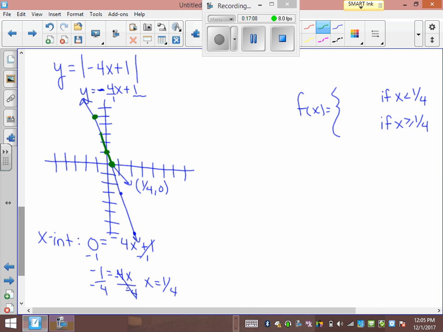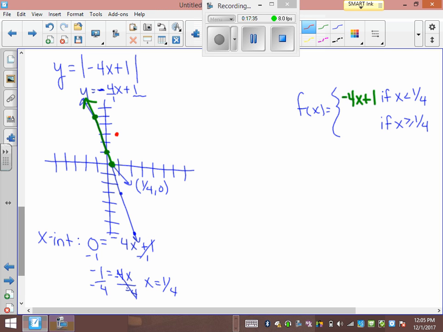So those aren't changing. So what part of the graph? The graph to the left of a quarter is staying, or the graph to the right of a quarter is staying? To the left of a quarter is staying. So that means less than a quarter. So I'm going to rewrite this equation, the original one, negative 4x plus 1, to the left. Okay? Then this part down here gets reflected. So instead of it being at 1 and negative 3, it's going to be at 1 and positive 3.